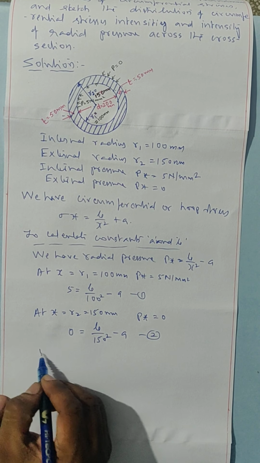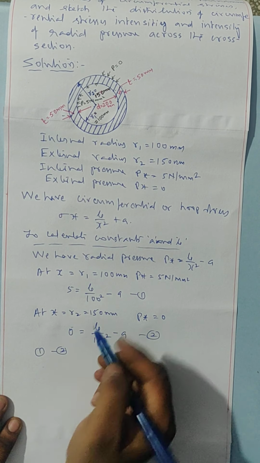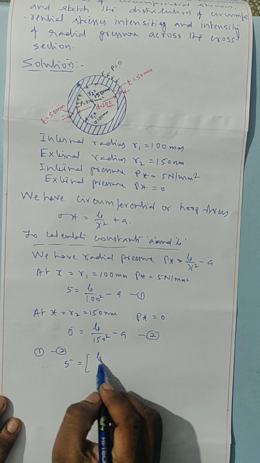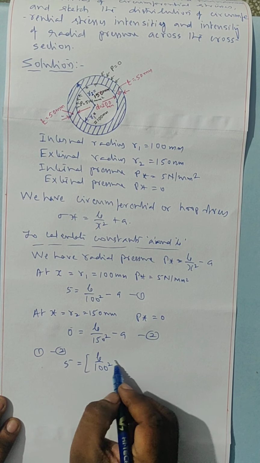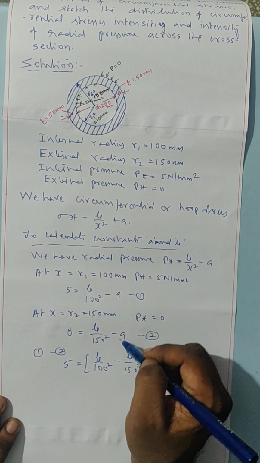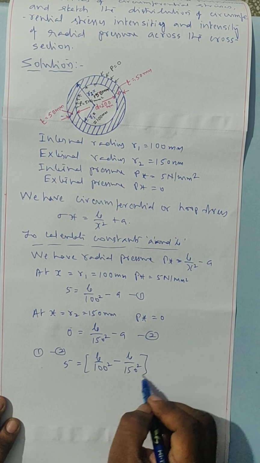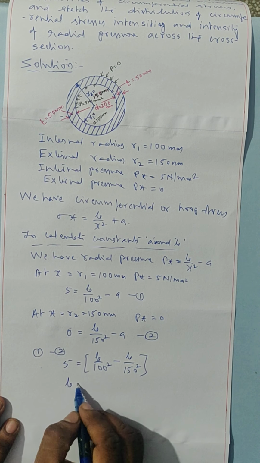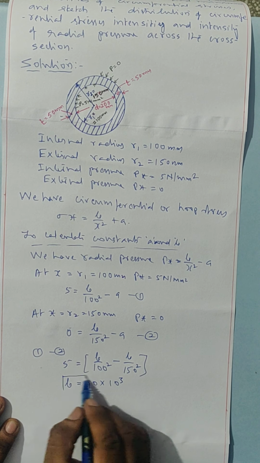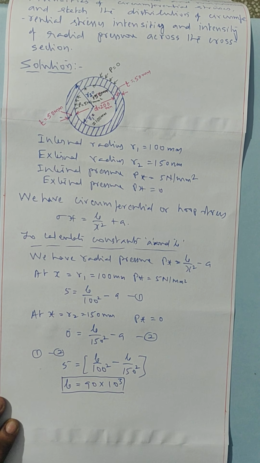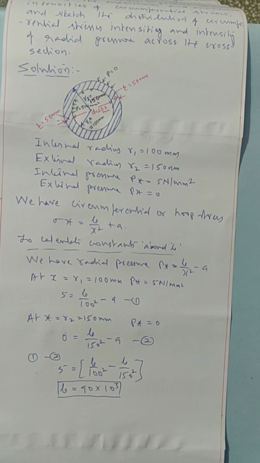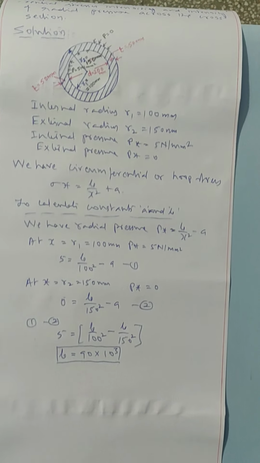If we do 1 minus 2, 5 minus 0 is 5, b by 100 square minus b by 150 square, minus into minus becomes plus, and a gets cancelled. From this we can calculate b equals 90 into 10 to the power 3. Constant b we calculated as 90 into 10 to the power 3.